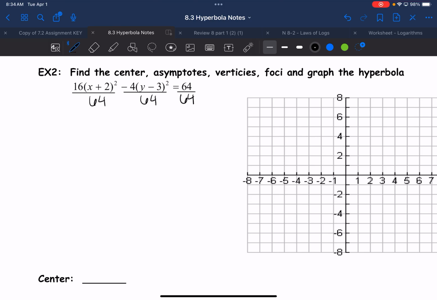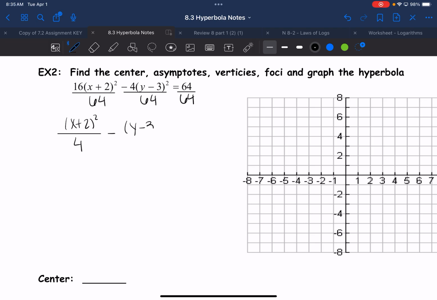Okay, so 16 over 64, that's going to simplify down to a denominator of just 4, right? So I'm going to have x plus 2 quantity squared over 4. And then negative 4 over 64. So in between here, I'm going to have a minus, right, since it's negative. And then this would be 16.